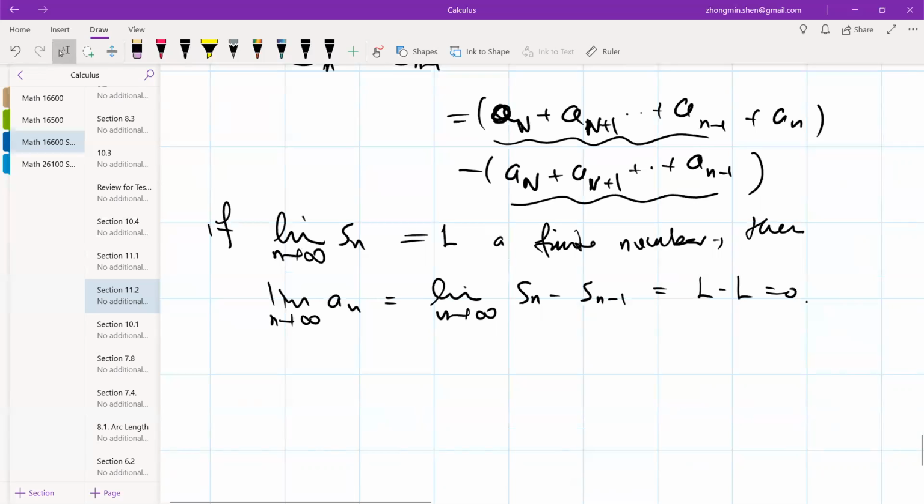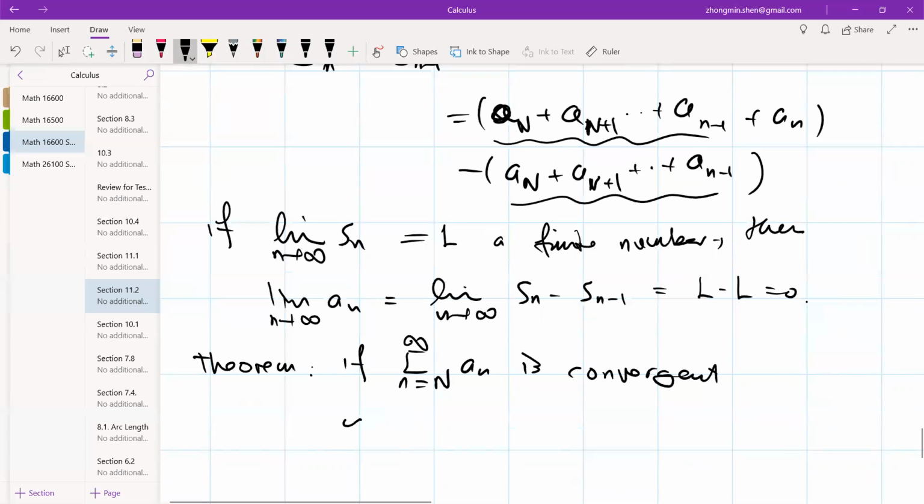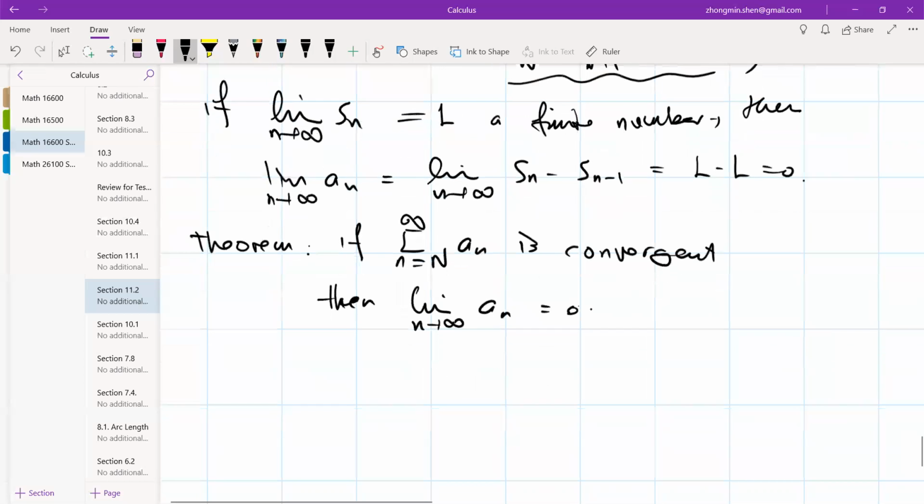So here the theorem says that if this series is convergent, then the limit of the nth term is 0. But conversely, it's not true. The converse might not be true.